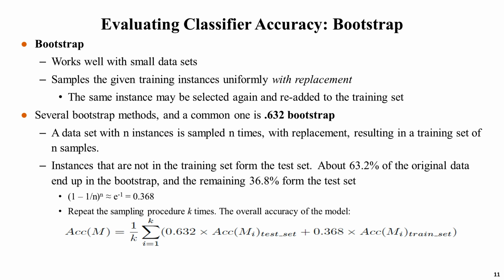With the bootstrap method, bootstrap works well with small data sets. Basically, we sample the instances uniformly with replacement. The same instance may be selected again and re-added to the training set.